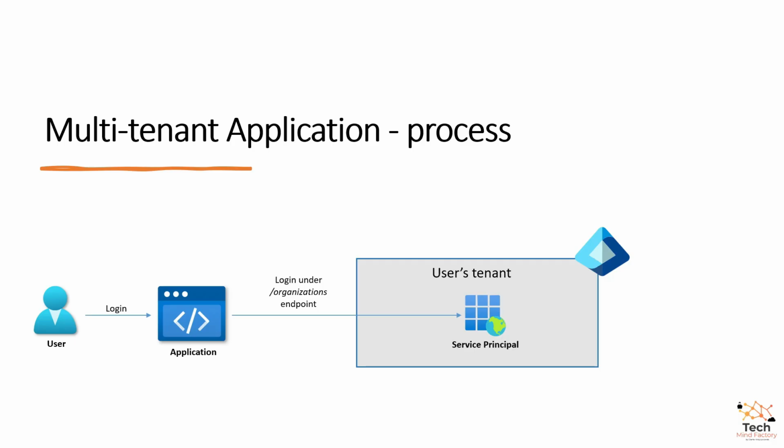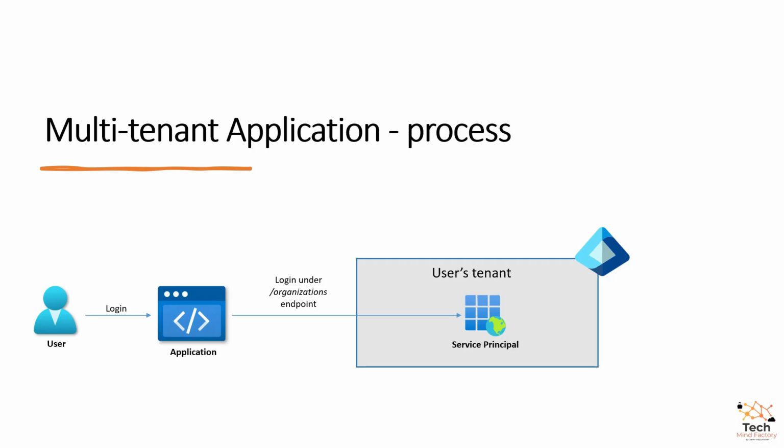So every time a user is authenticating and consenting in the multi-tenant application, the service principal in the user's tenant is created. And obviously you can ask, hey, but what about the single tenant application? Does it work in the same way?